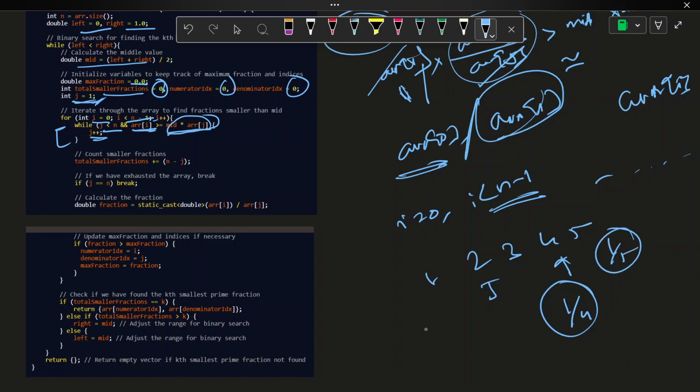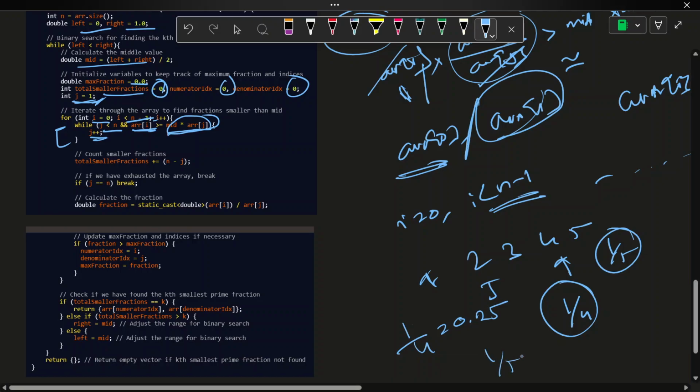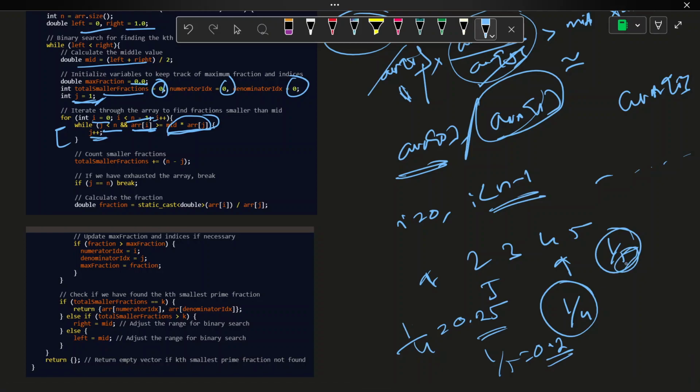Because 1 by 4 value is 0.25 and 1 by 5 is 0.2. So you can see the denominator is increasing and numerator is fixed. Numerators are both fixed, 1 by x, 1 by y. If y greater than x, obviously 1 by y will be less than 1 by x.